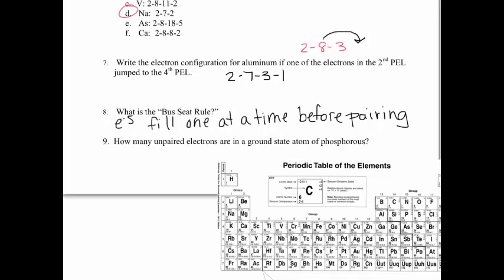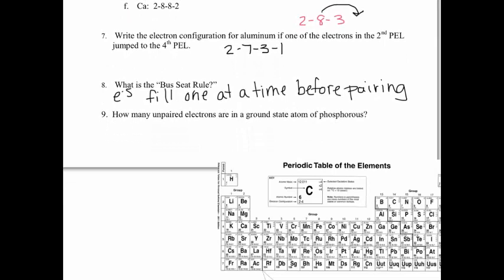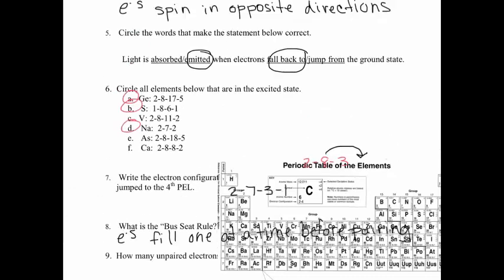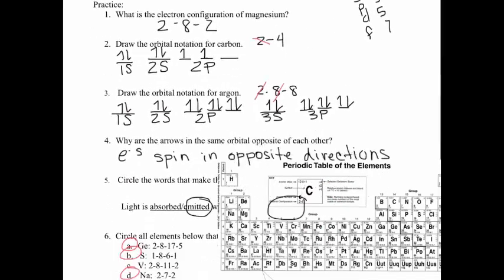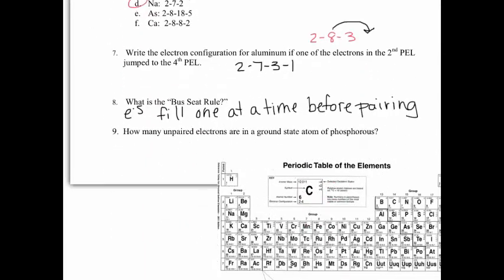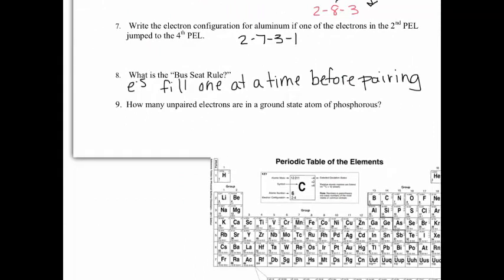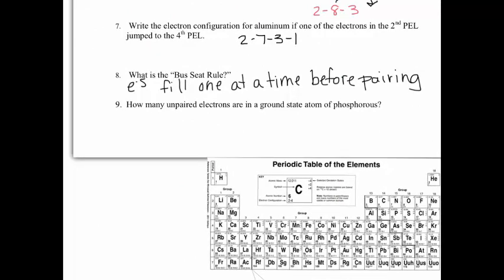All right, and then this last one, how many unpaired electrons are in a ground state atom of phosphorus? We didn't happen to draw phosphorus, did we? I feel like we did, maybe back another page. So phosphorus is 2, 8, 5.